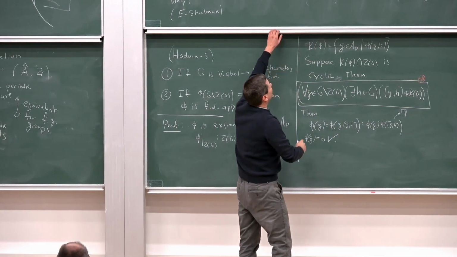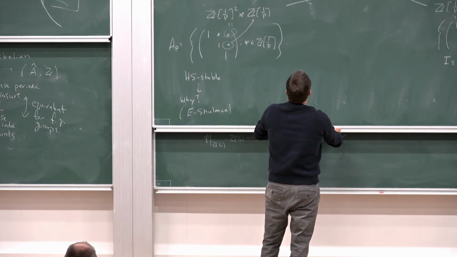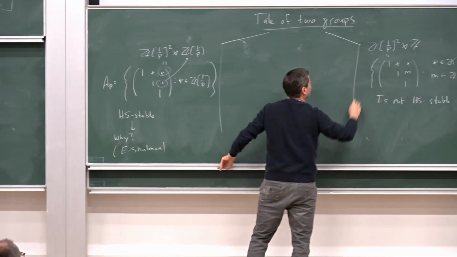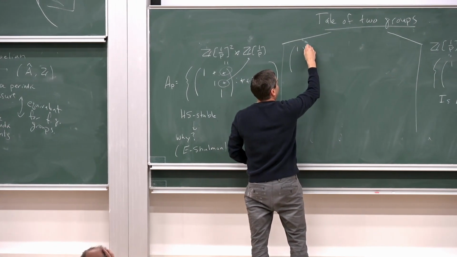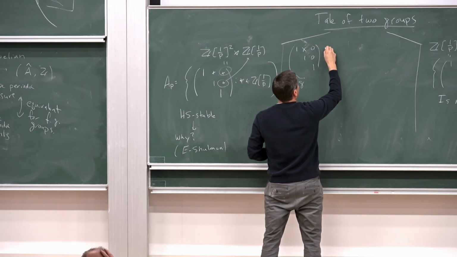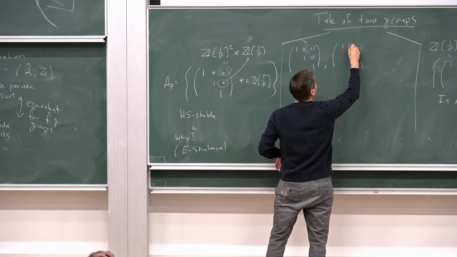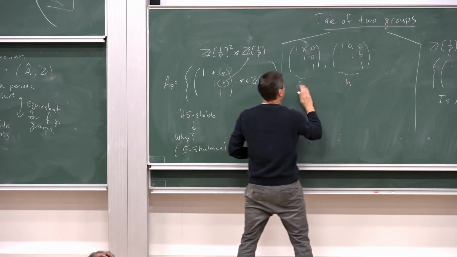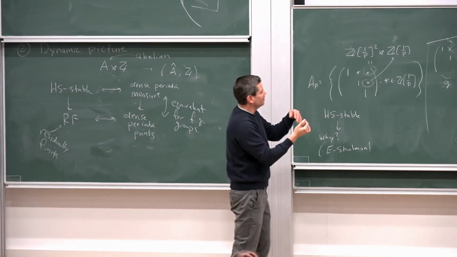So I'm just going to put something there and then move this back up. Let's say I take something like this: 1, 1, 1, x, 0, 0. This is G. And H is anything: 1, 1, 1, A, B, C. This is H. When we take commutators, you're really taking products along the off diagonal.